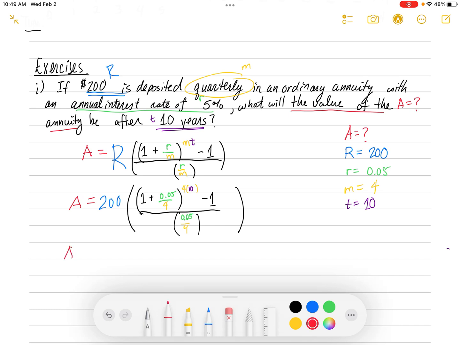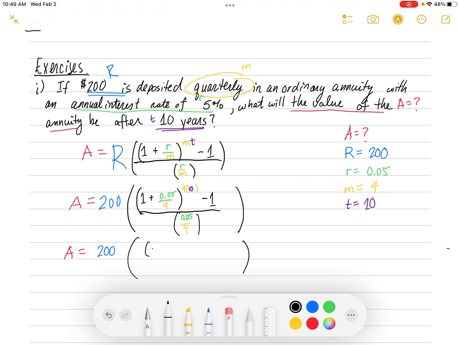In other words, what we're calculating, this future value, is going to be 200 times, so I'm going to take 0.05 divided by 4 here. I got 0.0125.